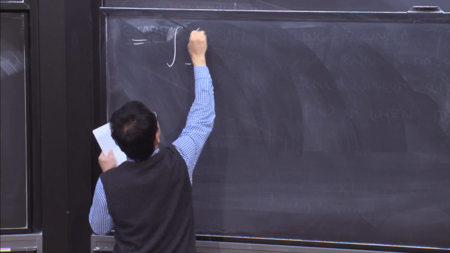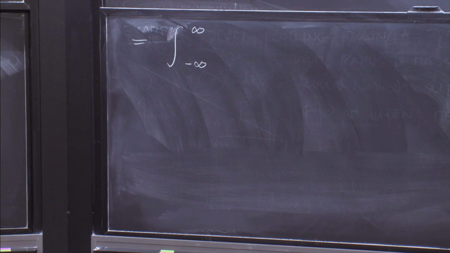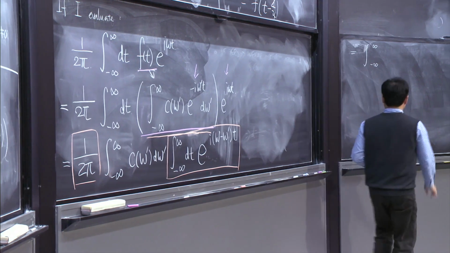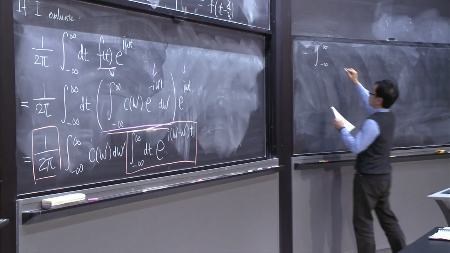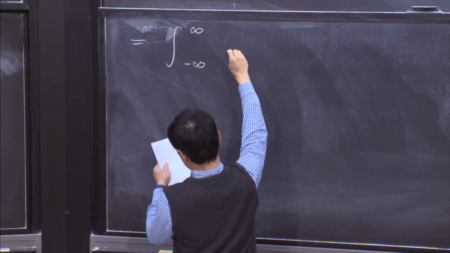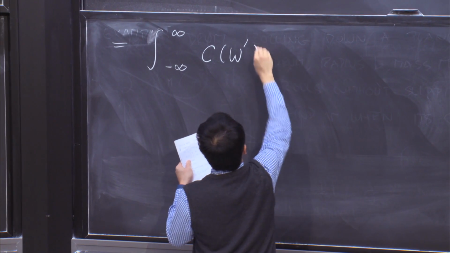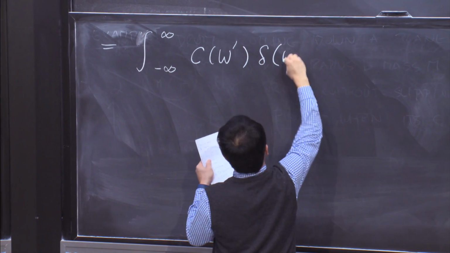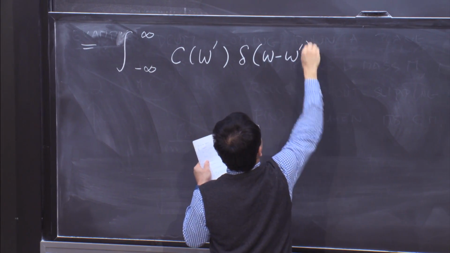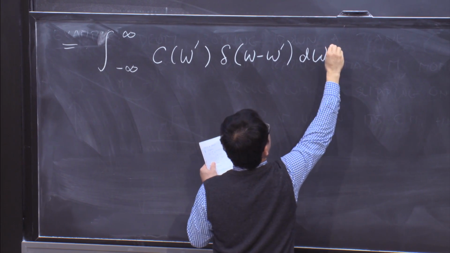I identify this part and this part to be the delta function. Therefore, what I get is the integral from minus infinity to infinity of C omega prime, delta(omega minus omega prime), d omega prime.